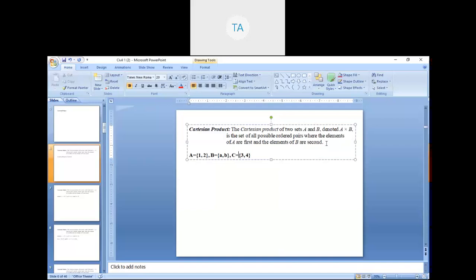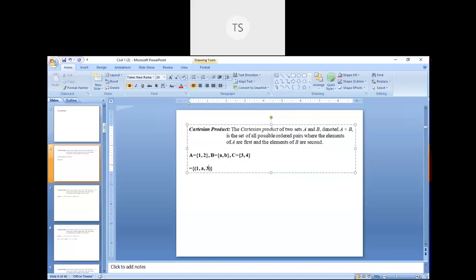No, the point is, I'll just write the element. The elements will be in this form, A cross B cross C. I'll take one element from A, it is 1. Next, I'll take an element from B, A. Then I'll take one element from C, 3.